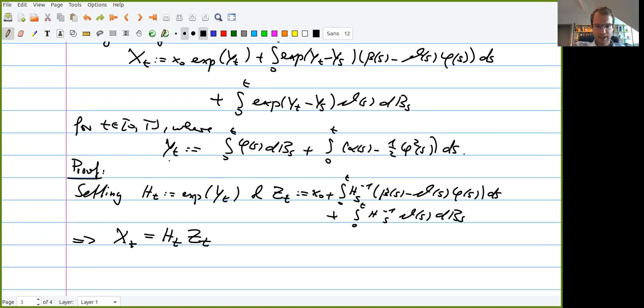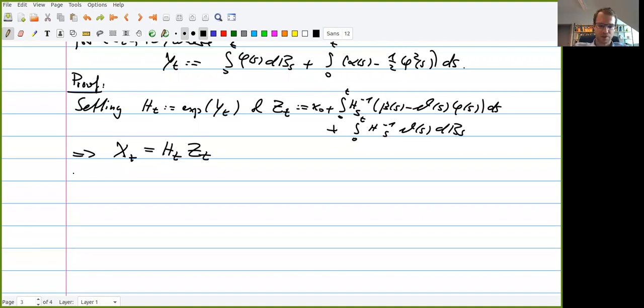now I want to apply, I promise you, Ito's formula twice. Let's use Ito's formula for Ito processes. This was Theorem 4.8.